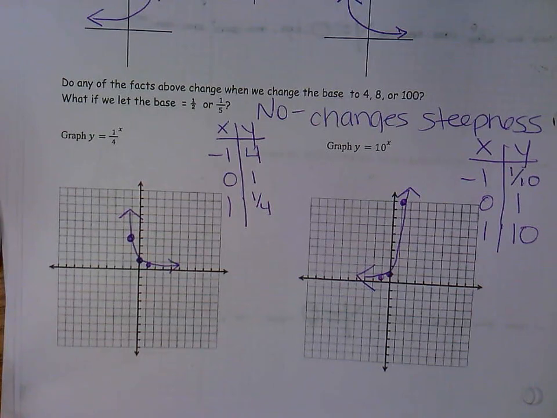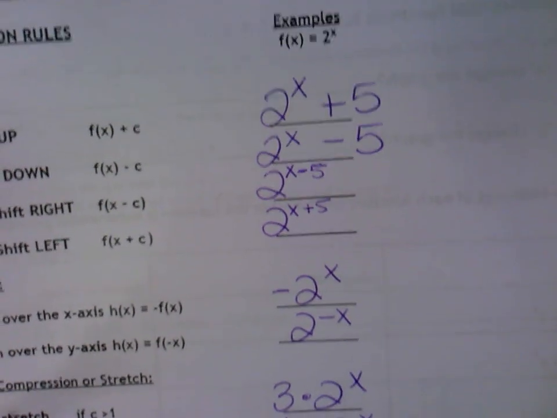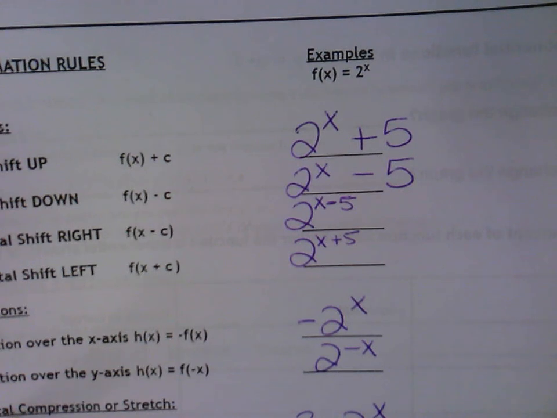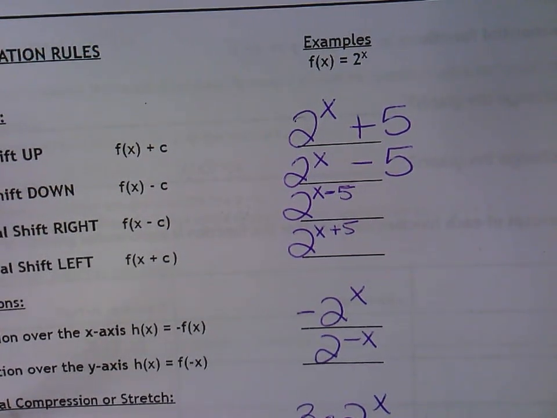So the last thing, and I told you you'd have a couple minutes to decorate, right? I want you to copy the transformation rules because we've done these with exponential functions. So you should already know the transformation rules for up, down, right, or left. But it looks different when it's written as an exponential function than as a quadratic. So I wanted you to have this as a resource, because if you know the parent function, you should be able to grab a transformation, like shift everything right 5.